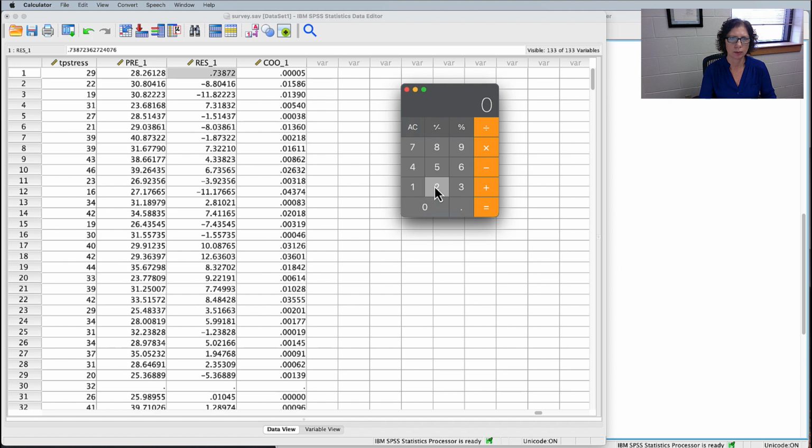If we take what it was, 29, minus what we predicted, 28.26128 equals 0.73872, which is the residual, right? That's all a residual is: the amount that's different between the predicted value and what it actually was. So these residuals, we're looking for them to have specific characteristics, and that's what we're checking mostly when we're talking about model level residuals.